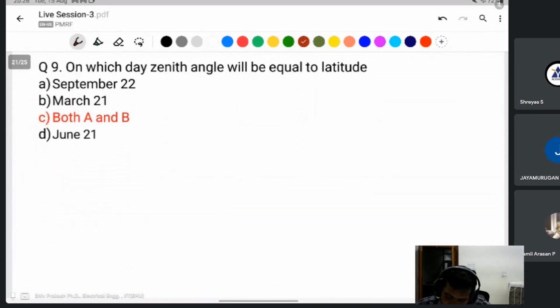Okay, on which day will the zenith angle be equal to the latitude angle? The zenith angle is the same as the latitude angle.